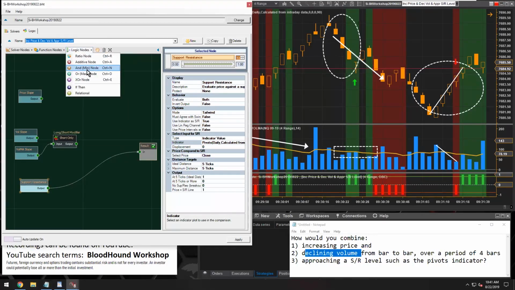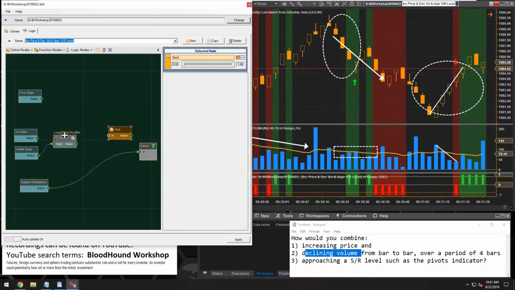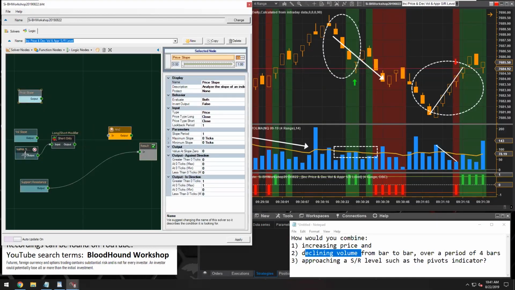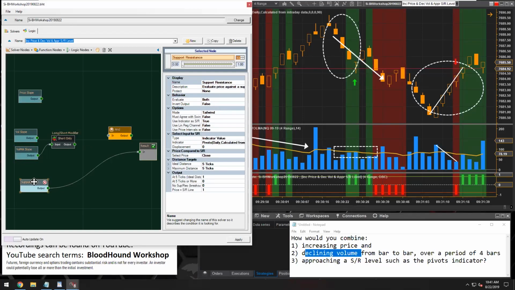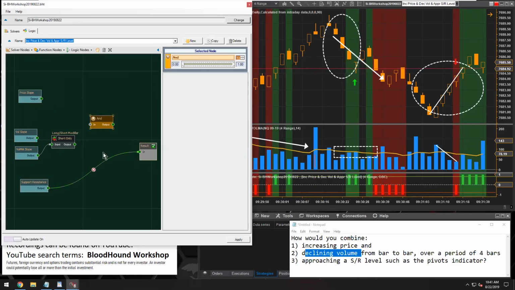So the AND node makes sure that all of your solvers occur together on the same bar here. So yeah, we're not quite done here. We need to make some slight modifications.